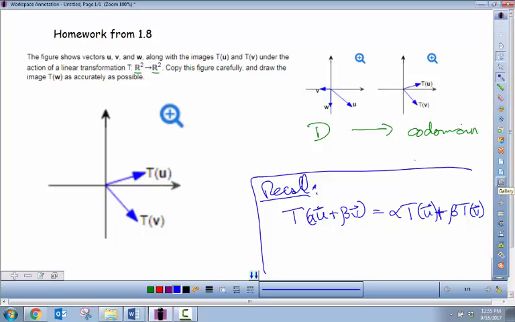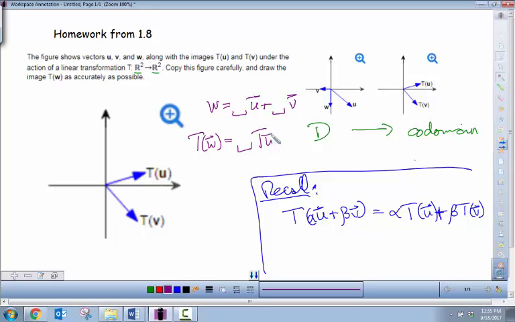So if we can figure out that w is equal to some linear combination of u and v, then we can write T of w using the same constants that we use for u and the same constants that we use for v, whatever those constants are.